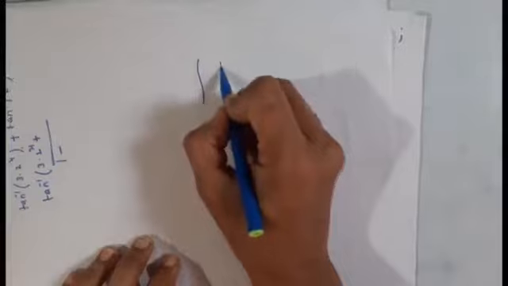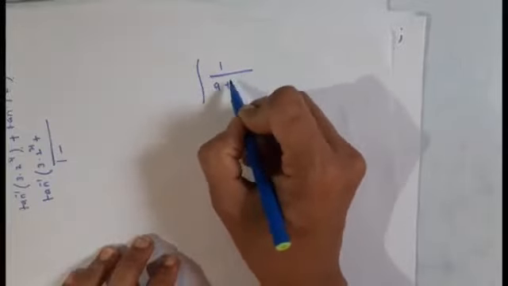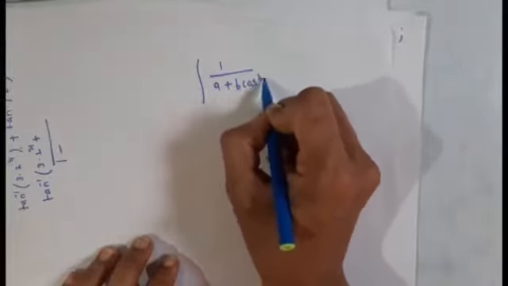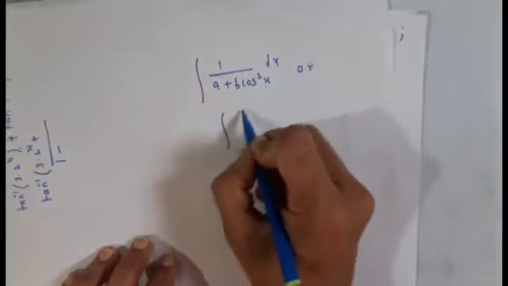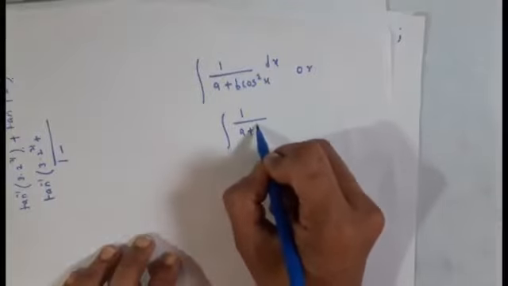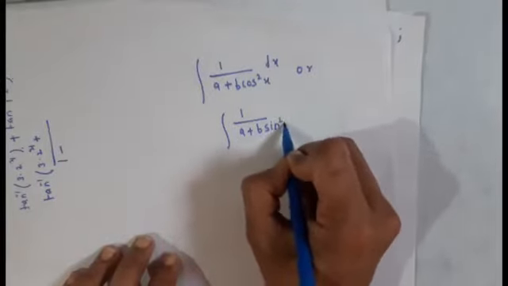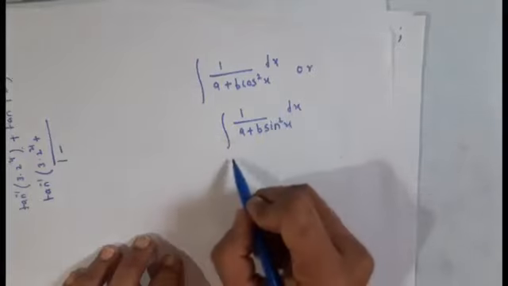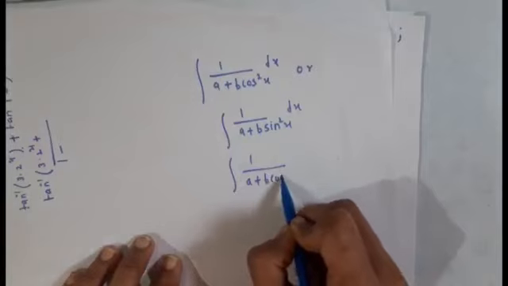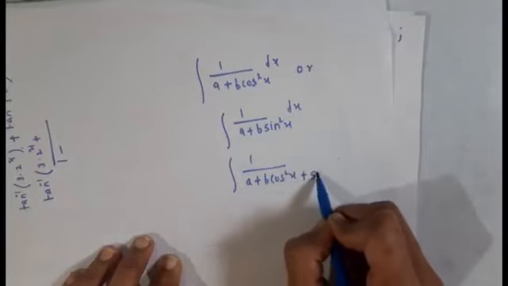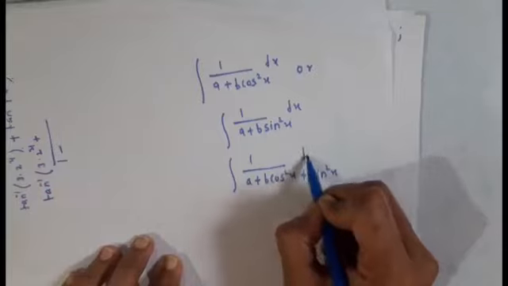Students, in the last video we solved problems of the integral types 1 upon a plus b cos square x with respect to x, 1 upon a plus b sin square x with respect to x, and 1 upon a plus b cos square x plus sin square x with respect to x.